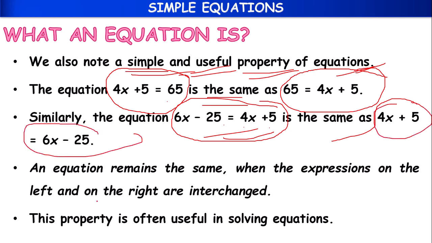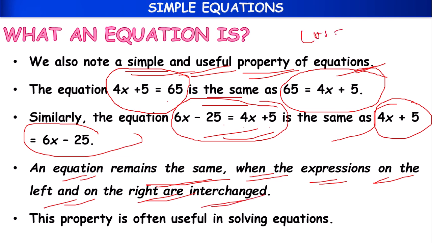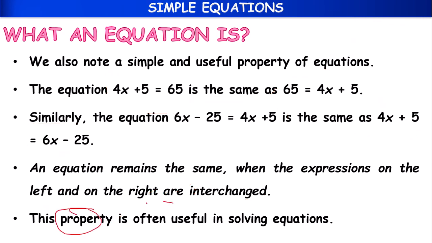It means an equation remains the same when the expressions on the left hand side and right hand side are interchanged. If LHS equal to RHS, and we interchange them, then the resulting expression also will be an equation. Like the previous equation. So this property is often useful in solving equations.